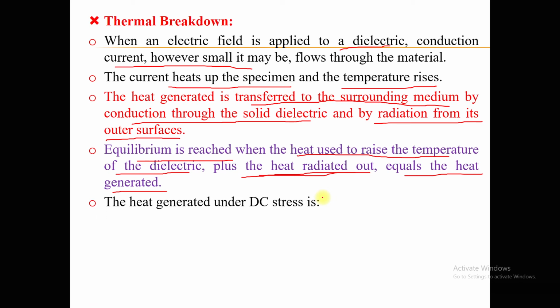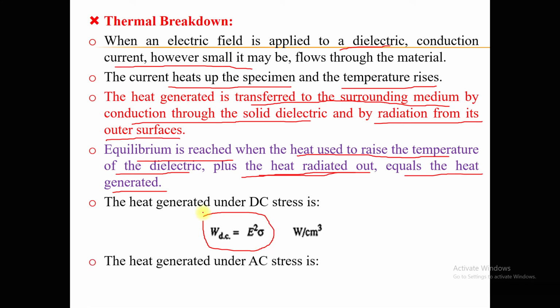So heat generated in a solid dielectric depends upon the type of applied stress. So heat generated under DC stress is calculated from this equation. WDC is equal to E square sigma watt per centimeter cube, and when it is subjected to AC stress, it will be calculated from this formula.